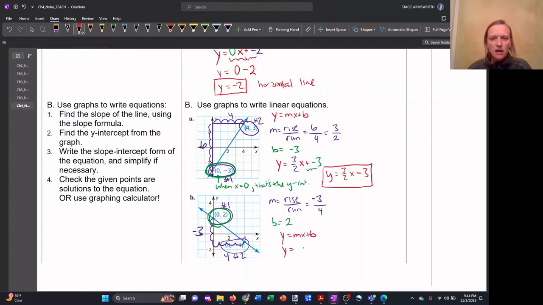And my -3/4 goes here in front of the x. And then my b value is 2. So my final equation is y equals -3/4 x plus 2.